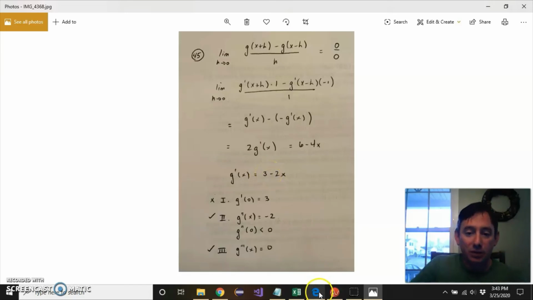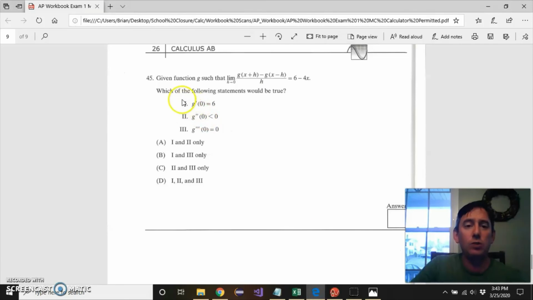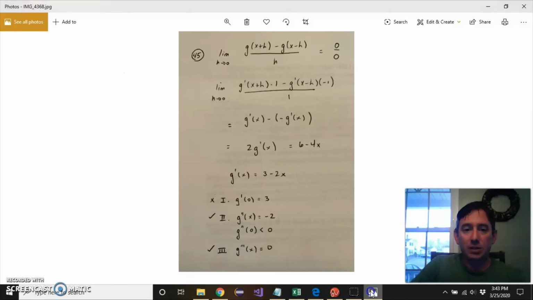Okay, now we can read the rest of the problem. Which of these three statements are true? G prime of 0 is 6? I don't think so, because g prime of 0 is 3. The second statement states that g double prime of 0 is less than 0, which is true, because g double prime, the derivative of this, is going to be negative 2. Negative 2 is less than 0, so 2 is true.